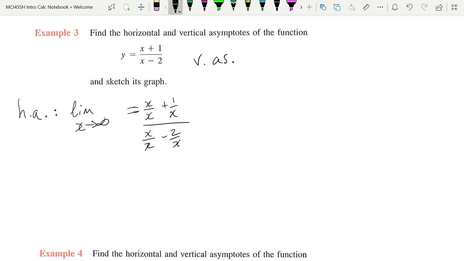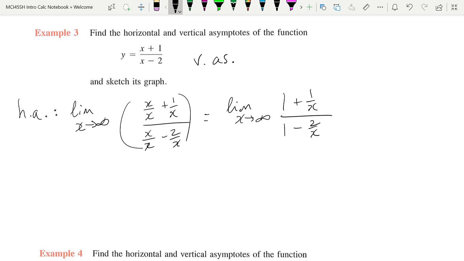So I want the limit as x approaches infinity of 1 plus 1 over x, over 1 minus 2 over x. And again, think about what that's going to be. That's just going to be 1. So therefore, y equals 1 is a horizontal asymptote.